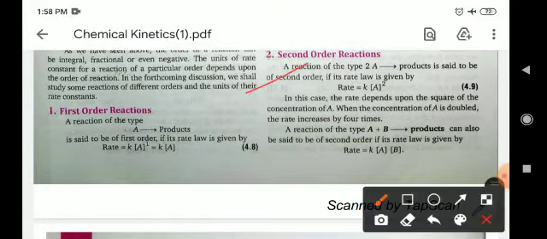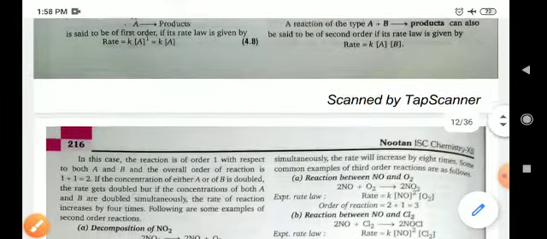Now second order reaction. A reaction of the type 2A gives a product is said to be second order if its rate is given by rate equals k [A]^2. In this case the rate of reaction depends upon the square of the concentration of A. A reaction of the other type, A plus B gives a product, can also be said to be second order if the rate is given by k [A]^1 [B]^1.